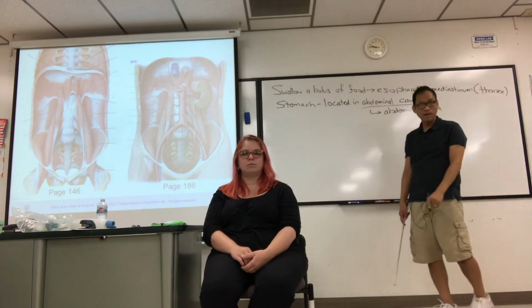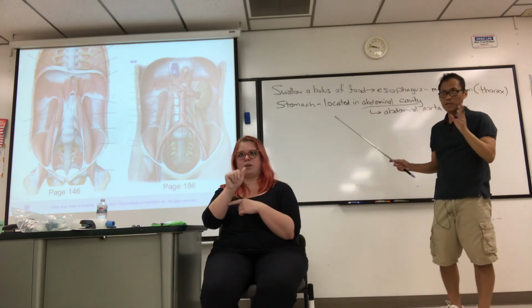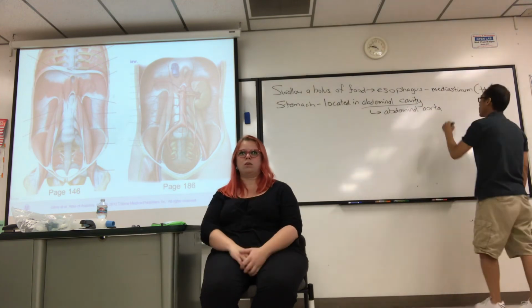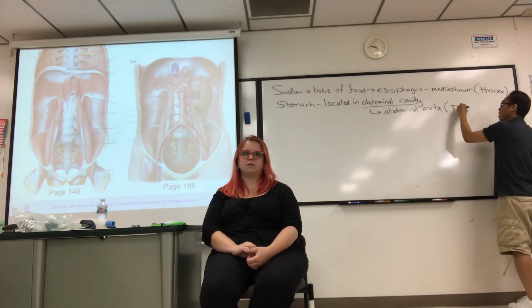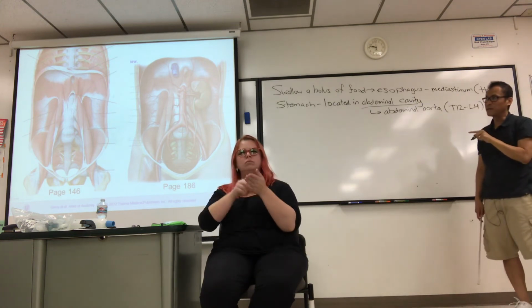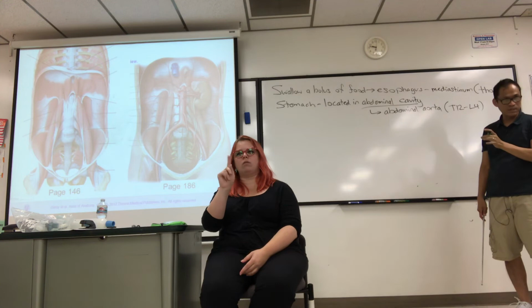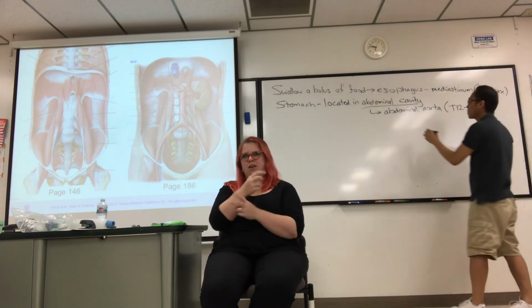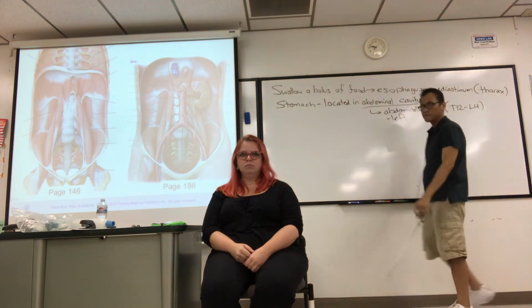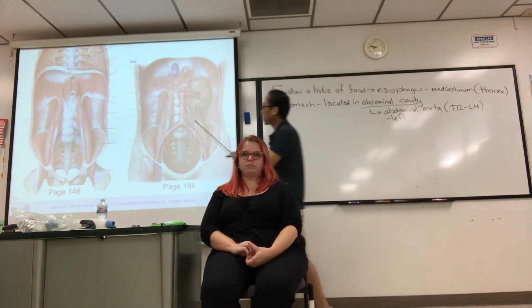Remember, that runs from the level of about T12 to L4 vertebra. And notice how the abdominal aorta is a little bit on the left of the vertebral column. I'll just put left to remind you of that.